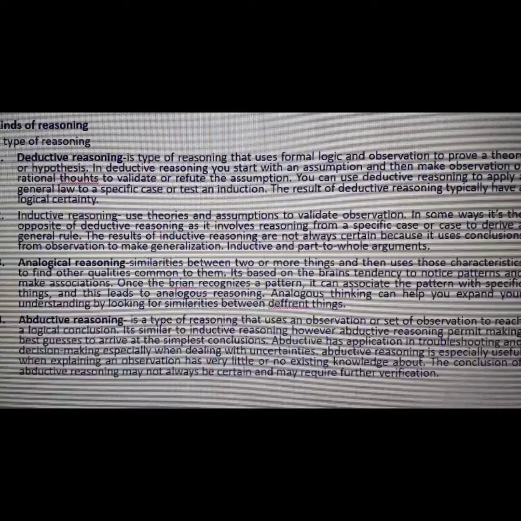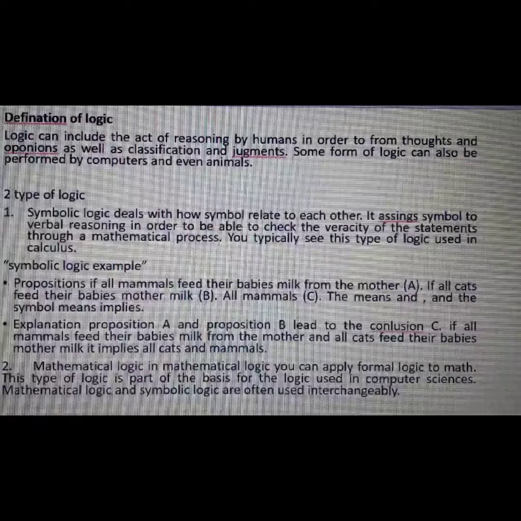Adaptive reasoning is especially useful when explaining an observation that has very little or no existing knowledge about the conclusion. Adaptive reasoning may not always be correct and may require review and verification.